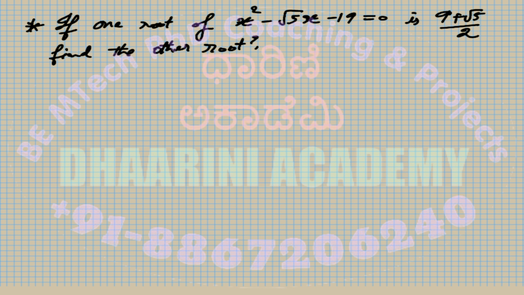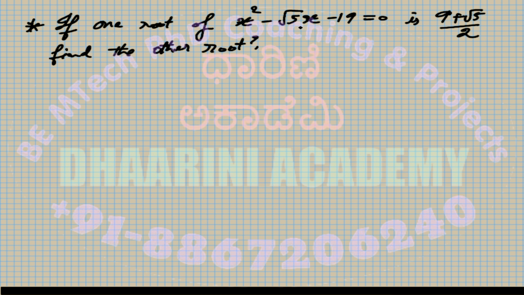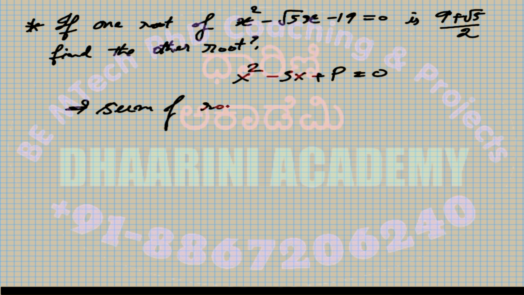So because of that, by comparing this equation with x square minus s x plus p is equal to 0, this implies the sum of roots should be equal to minus of minus root 5.